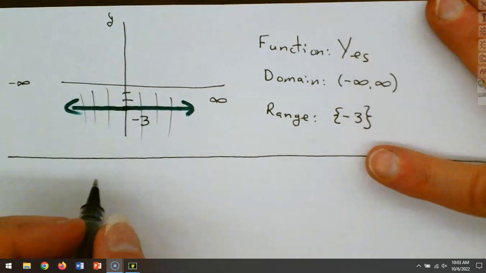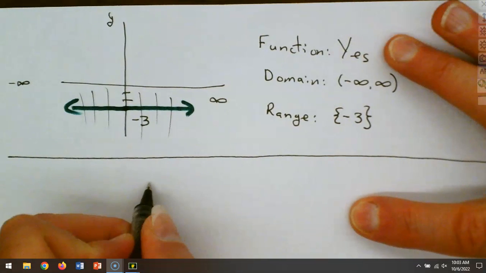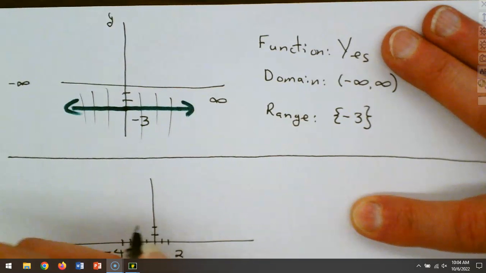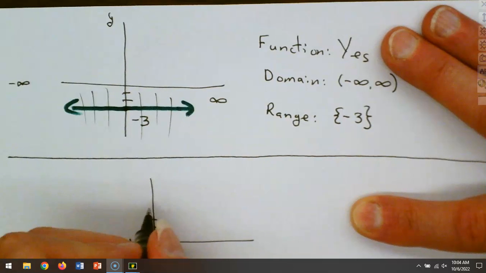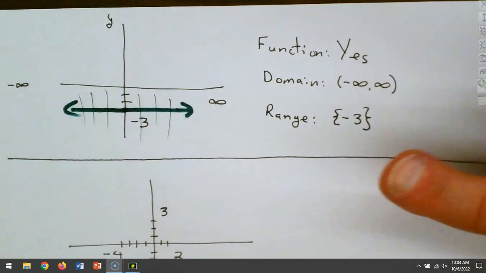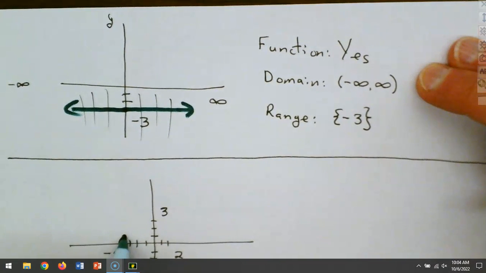Let's talk about a circle or an ellipse. And this might be an ellipse, and that's okay. Okay, let's say we've got a positive 3 and a negative 3. This is actually going to be an ellipse.